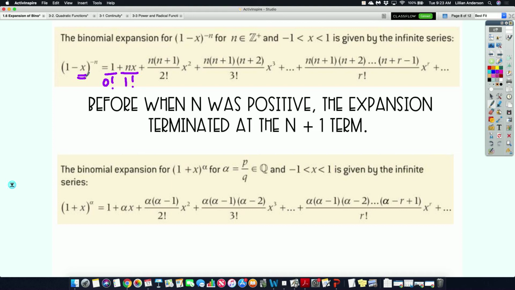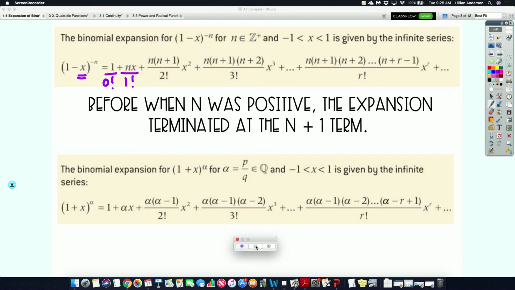So the main thing you need to take away from the first formula is that this is going to continue forever. For your numerator, you're just going to continue to add 1. For your denominator, you're going to continue to increase your factorial. And for your second term, you're going to continue to increase your exponent's degree, until the term you want to get to.